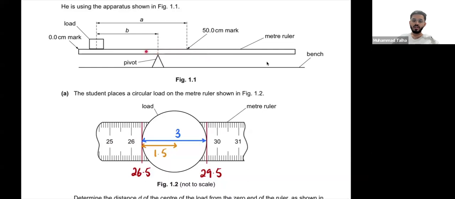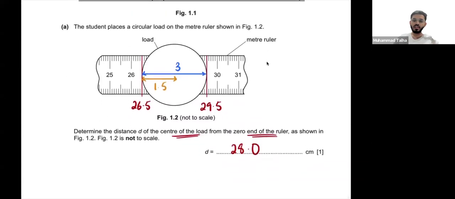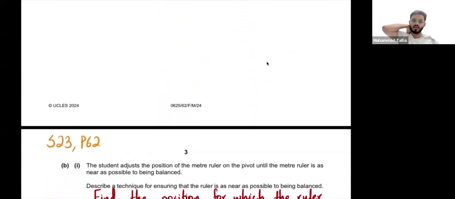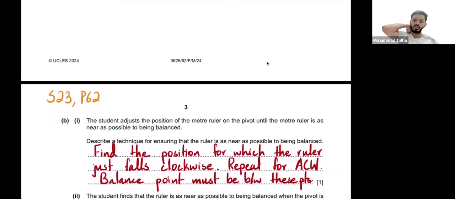Then you can see when it tips in the opposite direction, and you can look at the positions of the pivot at those points, and you can average out those positions to get the midpoint, which is where it should ideally be balanced, right? So this is how you ensure that the ruler is as near as possible to being balanced.